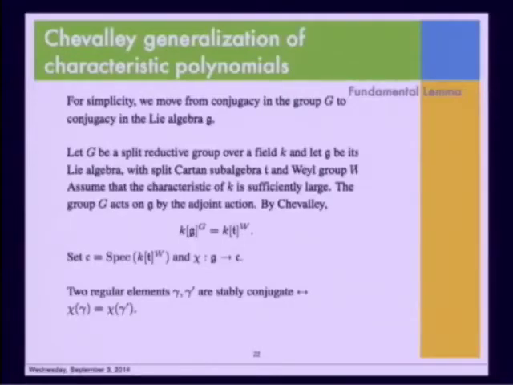And the generalization of the characteristic polynomial or the characteristic map is just this map determined by Chevalley's theorem. And so we have a way of talking about the characteristic polynomial or the characteristic map now for a general Lie algebra. And what you find is that two regular elements, gamma and gamma prime, are stably conjugate in the sense that I talked about earlier. They become conjugate over the algebraic closure if and only if they have the same image down in this, if they have the same characteristic polynomial.